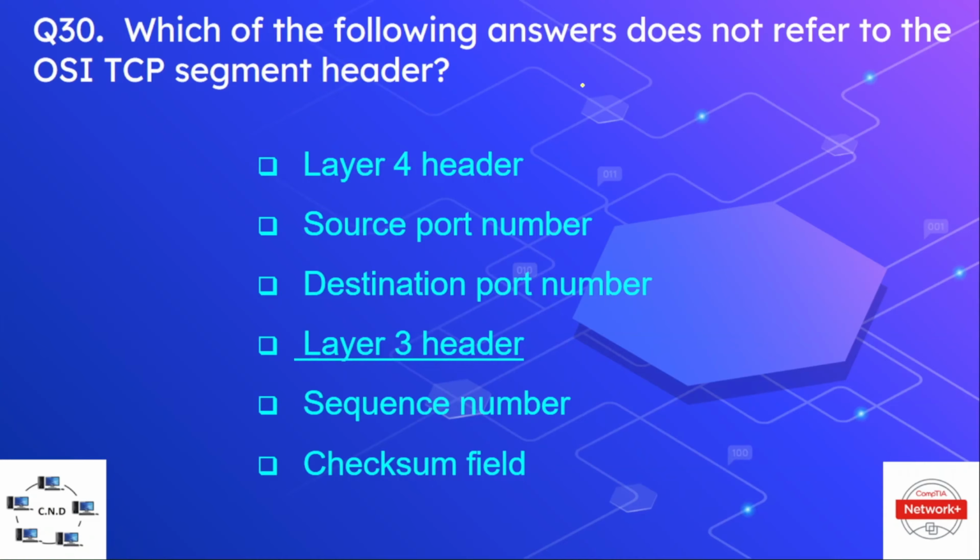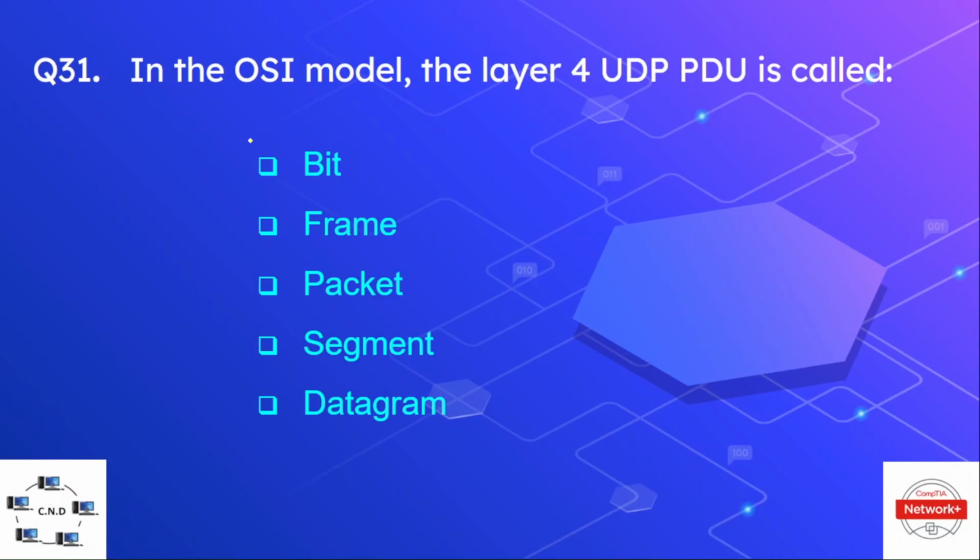We are talking about the OSI TCP, that is the layer 4 segment, and not the layer 3 header, that is the network header. So this option does not refer to the TCP segment, while the rest, layer 4 port numbers, sequence number, and checksum, are all fields inside the TCP segment header.